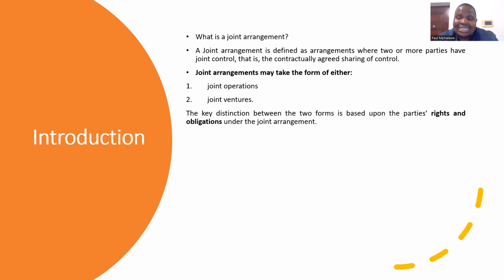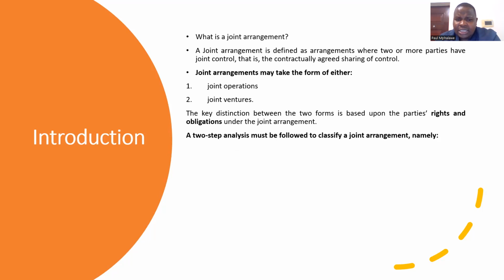That's the distinguishing factor between the two. An examiner would want to test you, especially SBR students, on whether you know the distinguishing factor. They'll give you a case, and in that case they throw in one or two or three things for you to identify whether the arrangement is a joint operation or a joint venture.